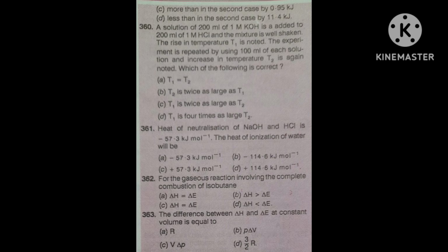You have to understand why this question is tough, because the relation is H is equal to E plus PV, and in the question it is given the difference between delta H and delta E at constant volume.